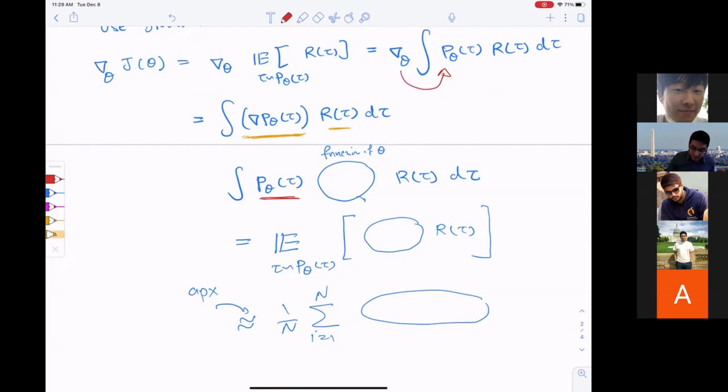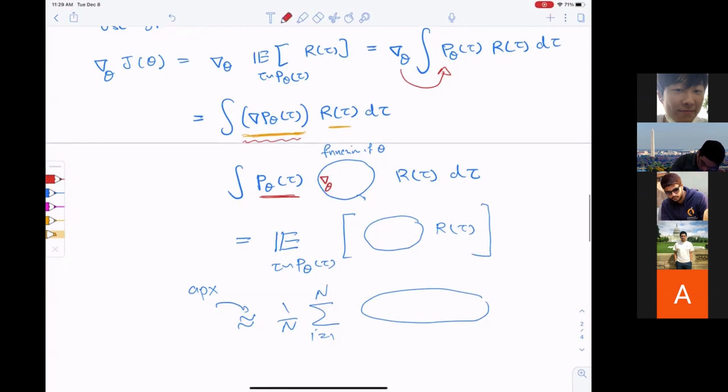But interestingly, here algebra comes to our help. In fact, you can easily show that this gradient of p sub theta is actually equal to p sub theta of tau times the gradient of the log of p sub theta. In fact, it is not even an approximation, it is equality.